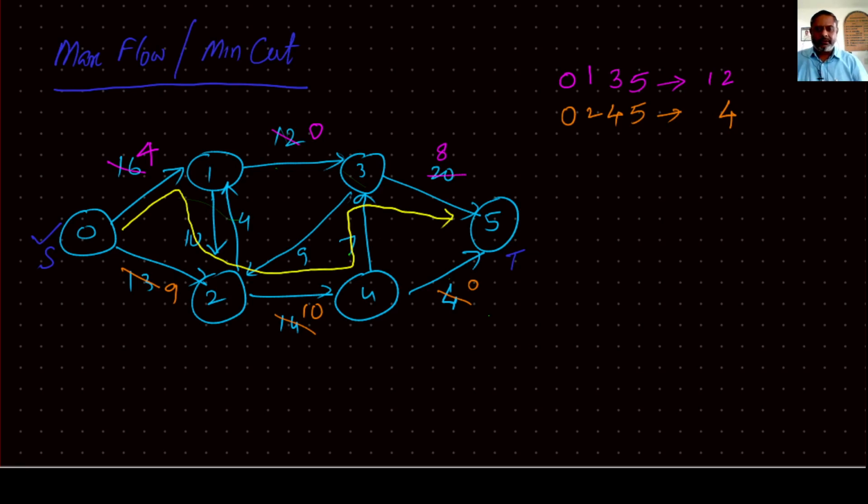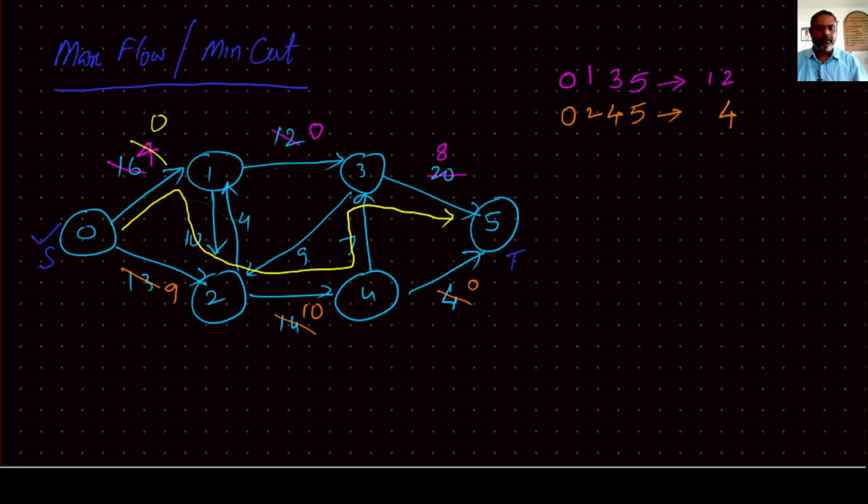In this route, we have a possibility of 4 here, and we have 10 here, then 10 left here, then 7 here, and then 8 here. So 4, 10, 10, 7, 8. The minimum happens to be 4.